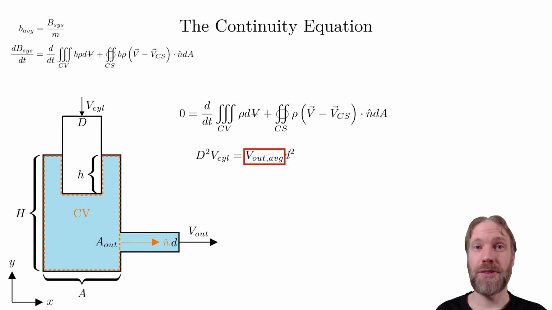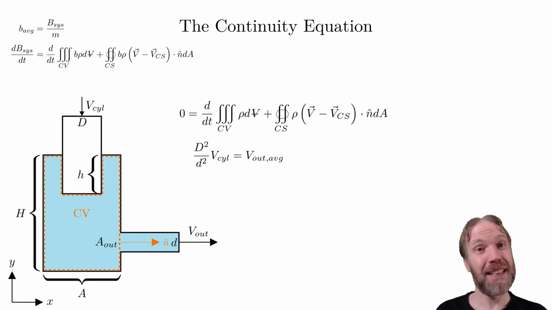We can solve for the average velocity. And we see that the answer is the cylinder velocity multiplied by the ratio between the diameters squared, which ends our example.